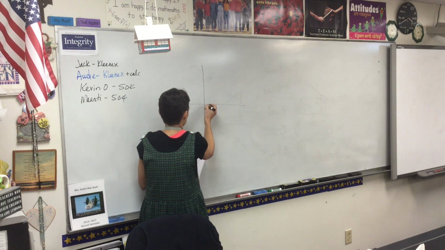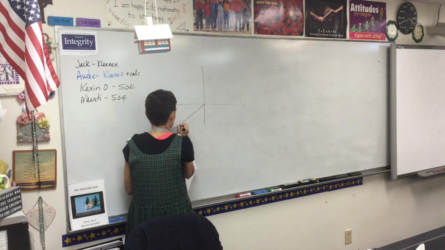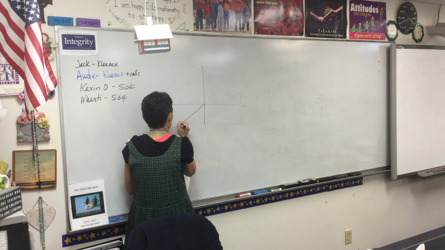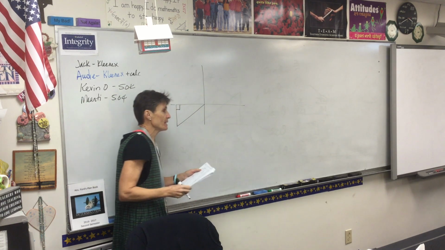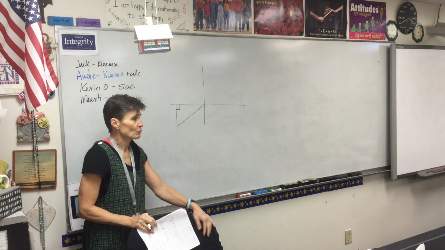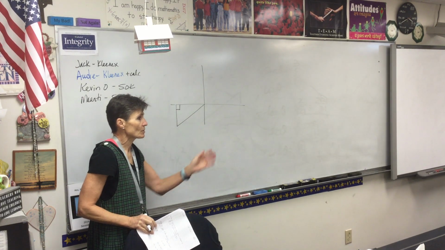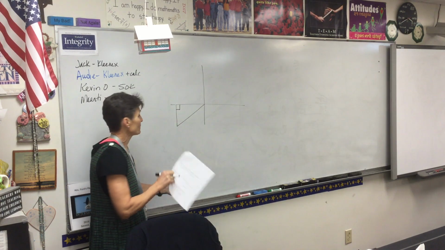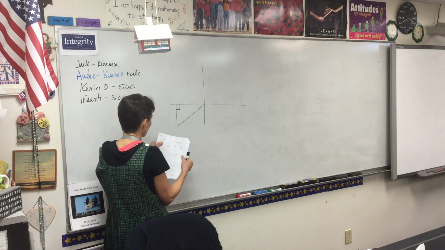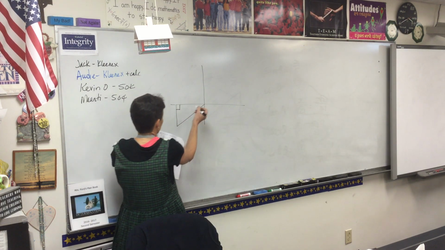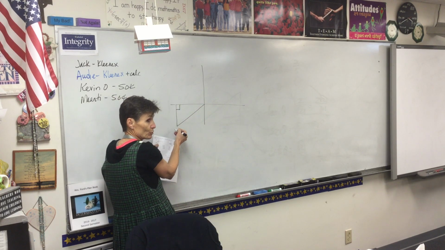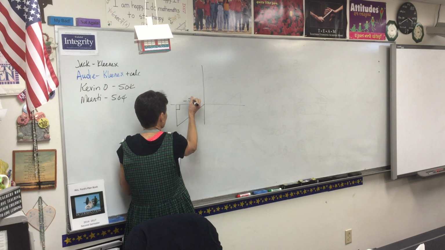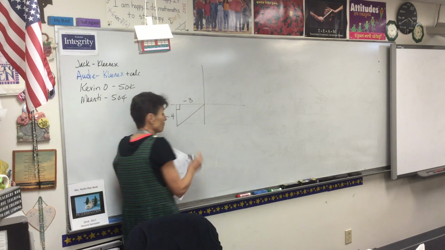We have an angle down here. I'm going to go ahead and make a triangle because in order to do my trigonometry, I need opposite and hypotenuse and all that. So I need a triangle. Now, according to this problem, I'm coming left 3 and down 4. Would you agree? So I'm going to call that -3 and -4.